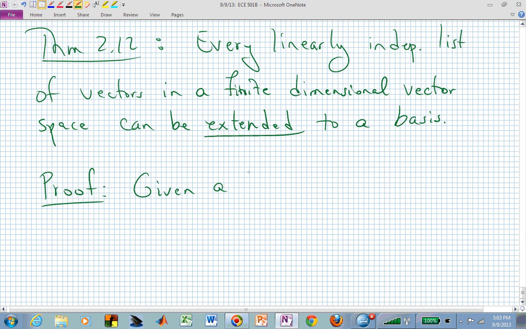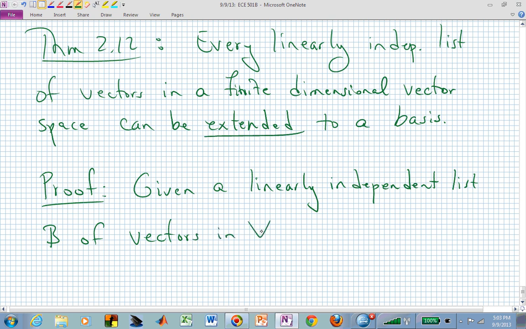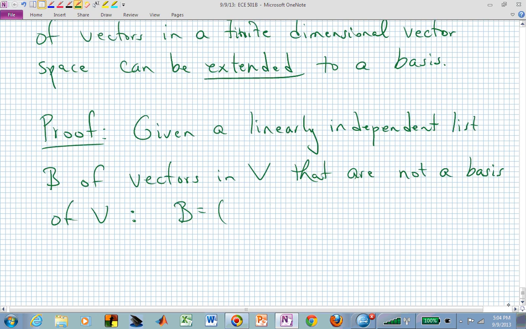Suppose we're given a linearly independent list B of vectors in V that are not a basis of V. Suppose B is now this set V1, V2, up to V sub n.